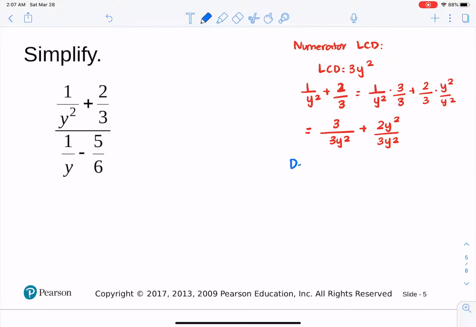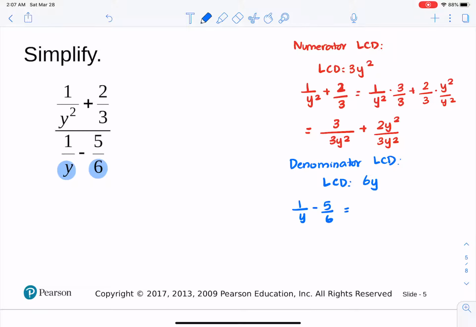Now we find the denominator LCD. There is nothing in common between y and 6. So the LCD is simply 6y. Moving on to the fraction, 1 minus y minus 5 over 6.